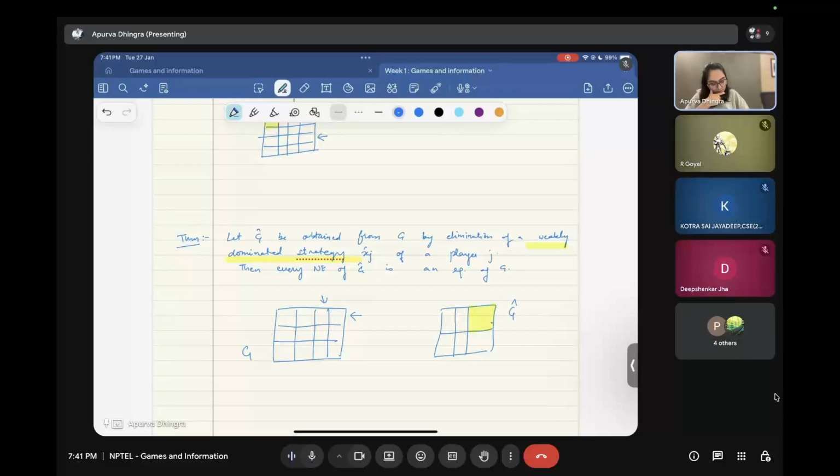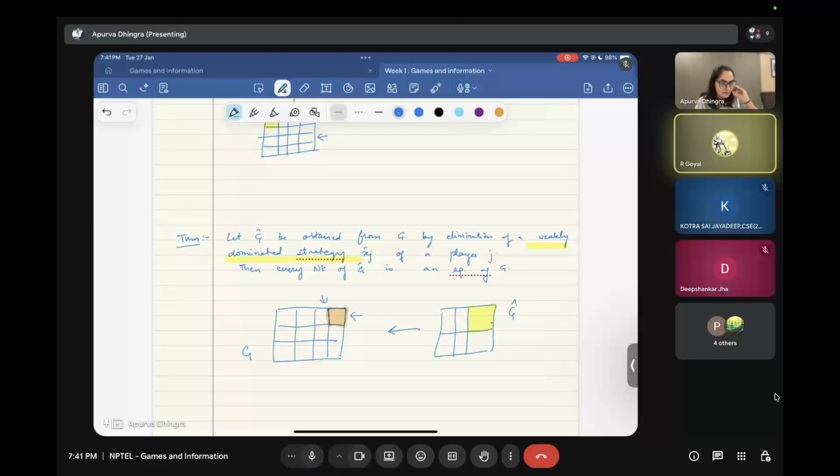Then this statement is saying this would also be an equilibrium even in the original game. So let's say this one refers to this particular box. And what did we remove from the original game? We removed weakly dominated strategies. So we have kept the dominant ones, the strongest ones are still there.